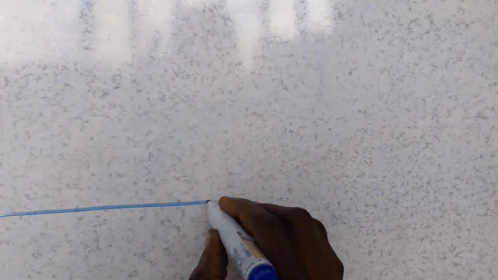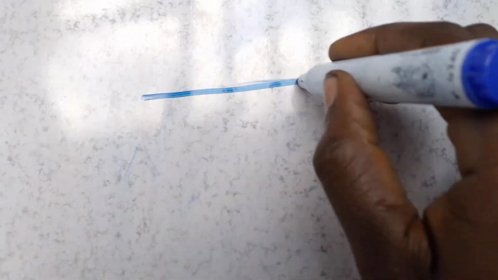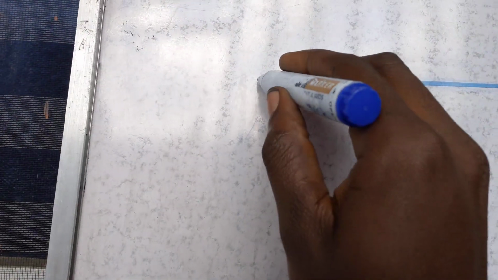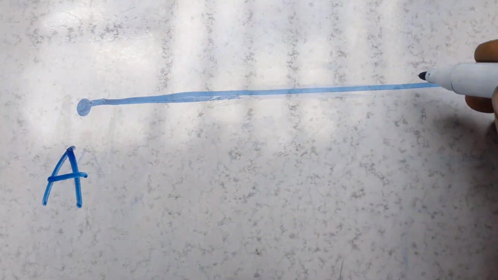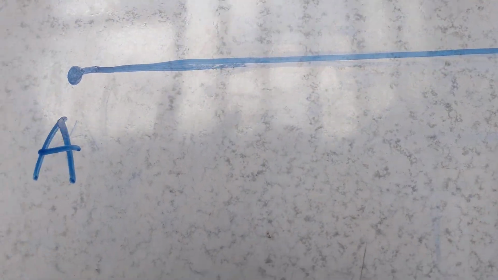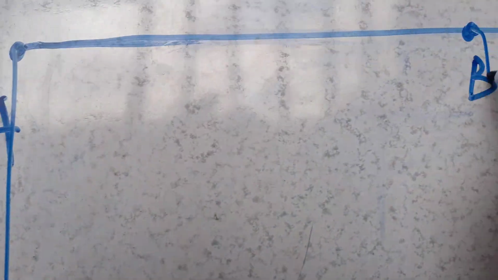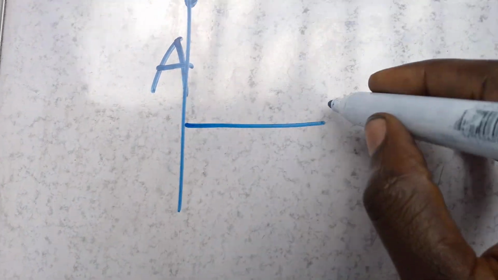You draw a horizontal line, and then we are told that A and B are on the same horizontal line. So if this point is A, then here can be B, and the distance between A and B is 43 meters.